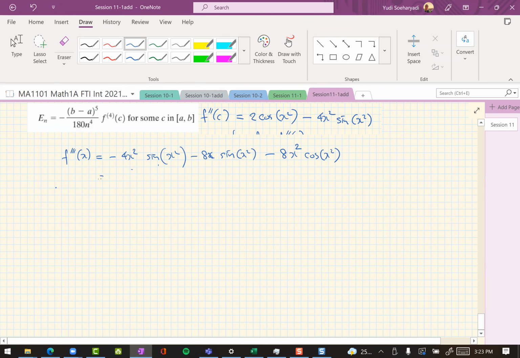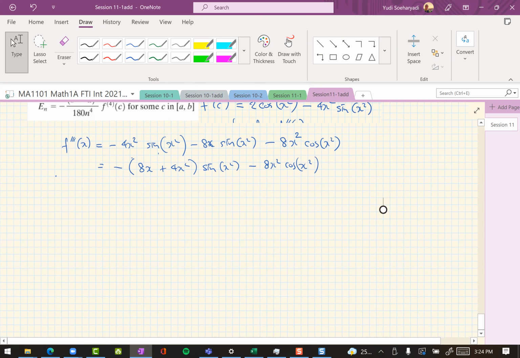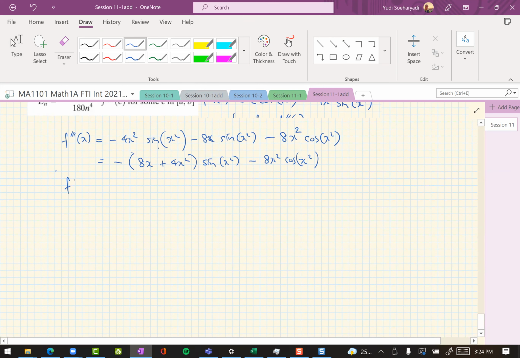So what we have here is negative, the sine is 8x plus 4x squared, and then you also have that cosine. And the fourth derivative, right?